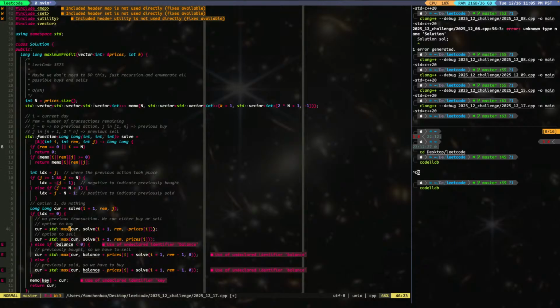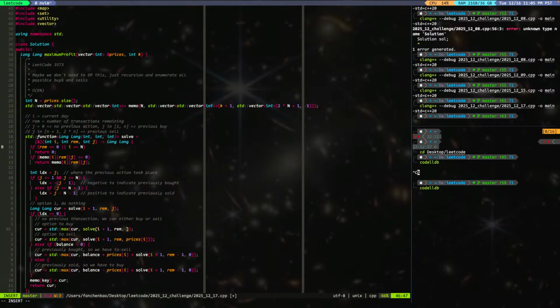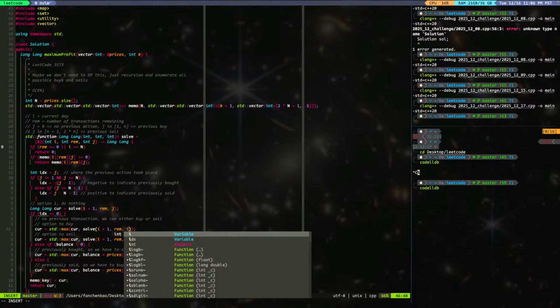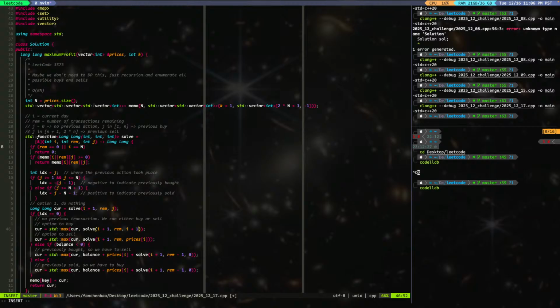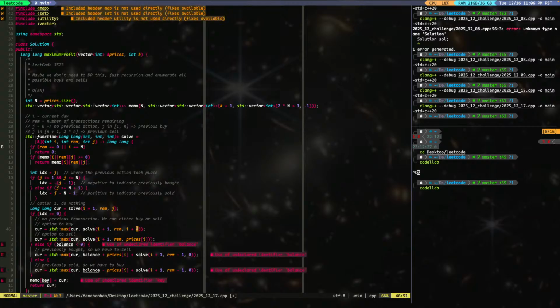So this is going to be the next one, and then this is going to be interesting. So instead of doing this, what I do is indicate it's a sell. Right. So no, I want to buy. So the buy index, right? Buy index should be I. But when the previous is a buy, it should be I plus 1, right? Because previous buy should be 1 to n, so it's plus 1.